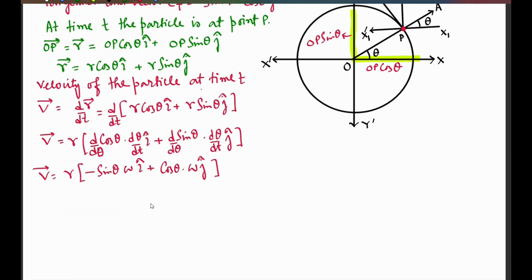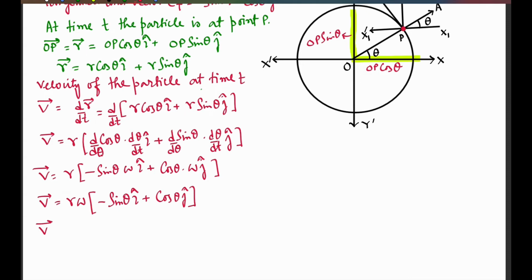Therefore, v is r omega, minus sine theta i cap plus cos theta j cap.